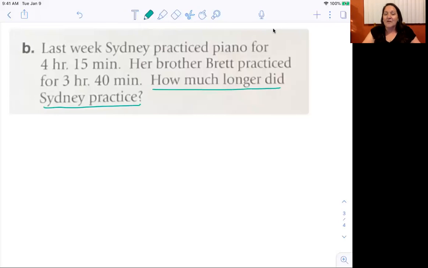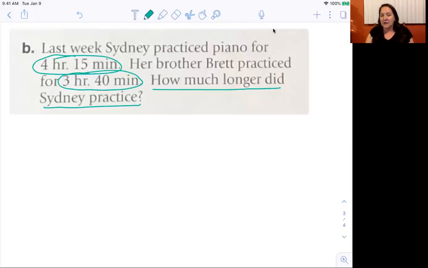Important information can be numbers or numbers written out in letter or word form. In this case, we have important information of 4 hours, 15 minutes for Sydney and 3 hours, 40 minutes for Brett. And then the question says, how much longer? When you have a question worded like that, what process are we going to use? Multiplication, division, subtraction?